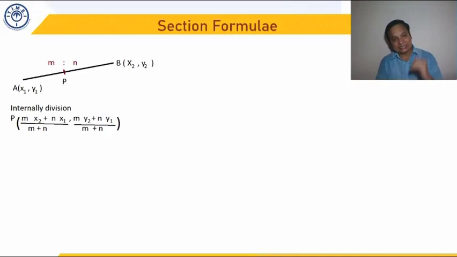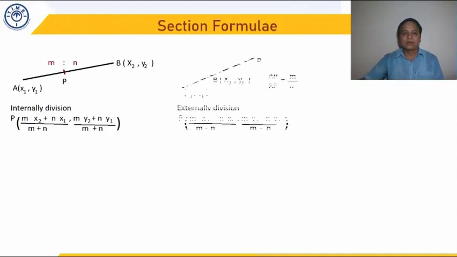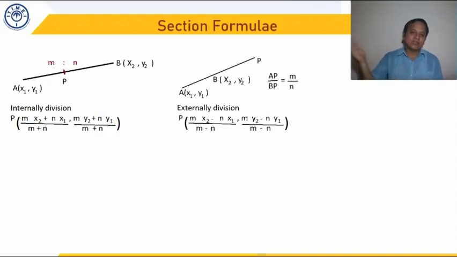If P lies inside the join of A and B, we say it's an internal division. If P lies outside the join of A and B, and it is given that length of AP is to length of BP is m is to n, we say this is the case of external division.